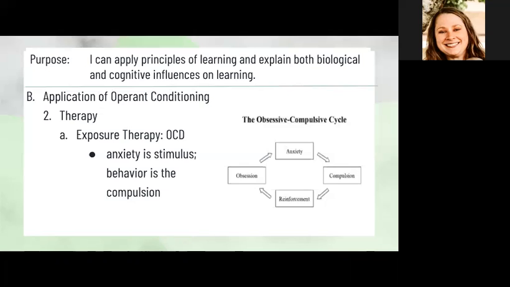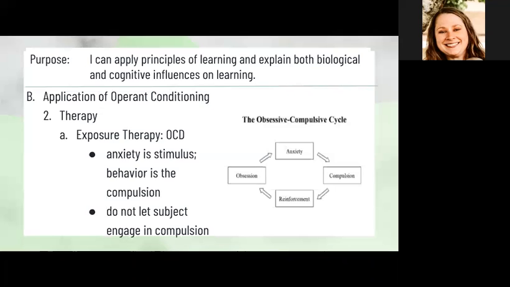So here what has to happen, and again, you would do systematic desensitization, give them the tools, but do not let the subject engage in a compulsion. Do not let the subject engage in it, and then the anxiety will eventually go away. They may have a panic attack though, depending how severe their OCD is.